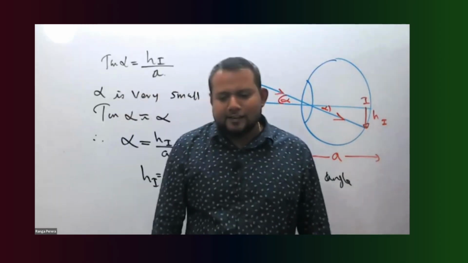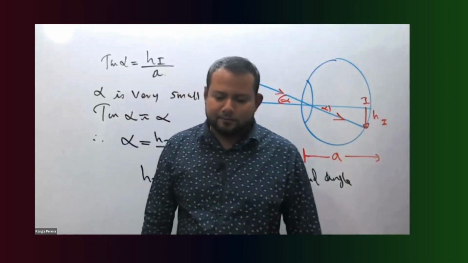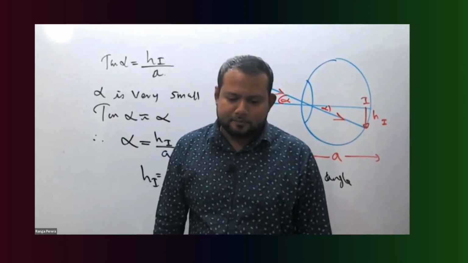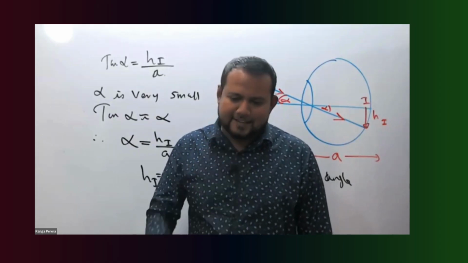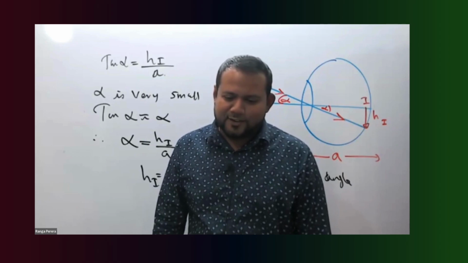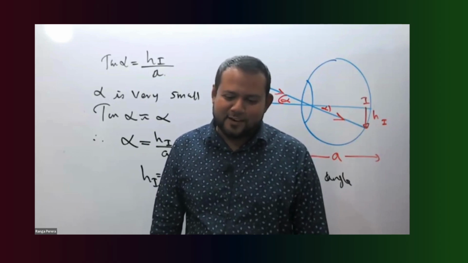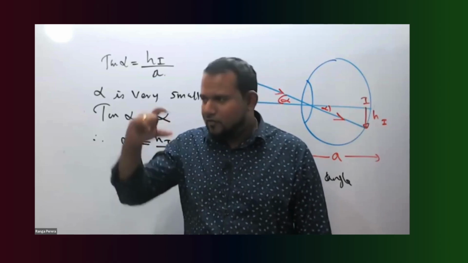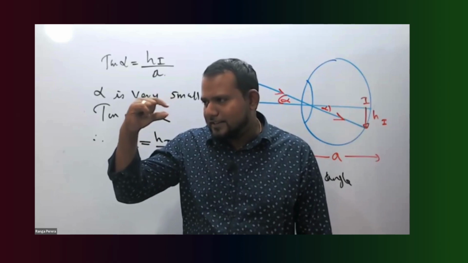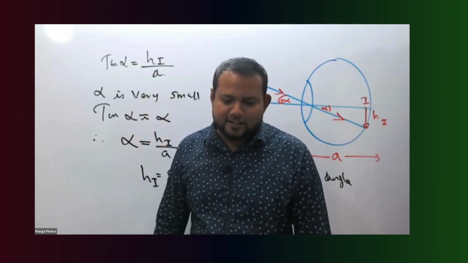It is not 1 degree. No, it's not 20. It is 1 minute. If the visual angle is less than 1 minute, we can't see the things.